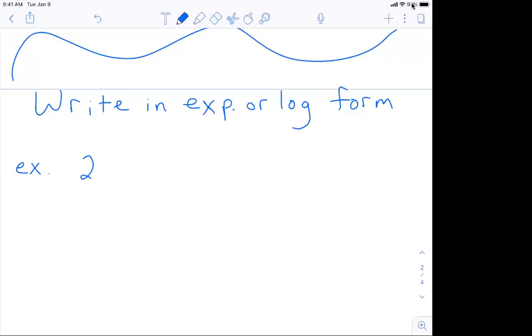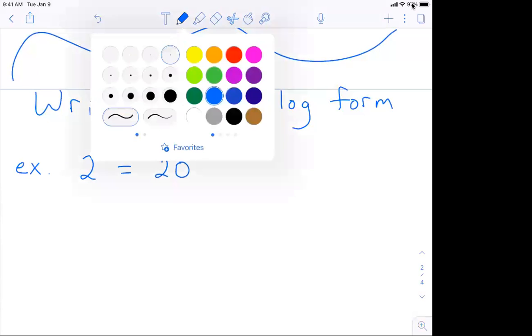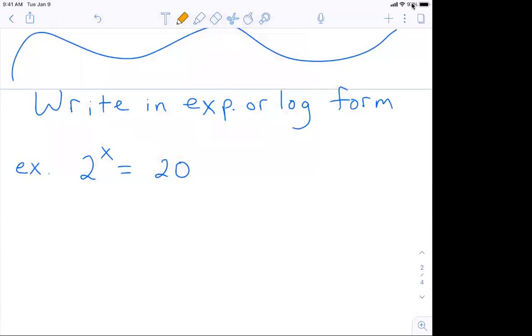For example, I had 2 to the x was equal to 20, right? That is in exponential form. I can write that in log form. Here's what we do. The log is an operation, like multiplying or dividing.